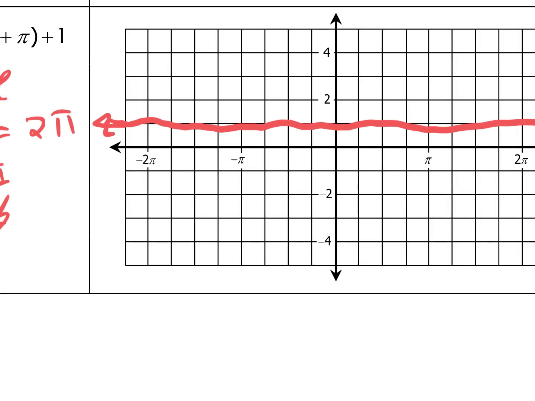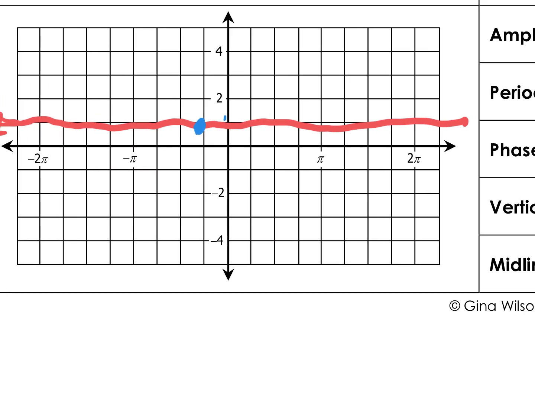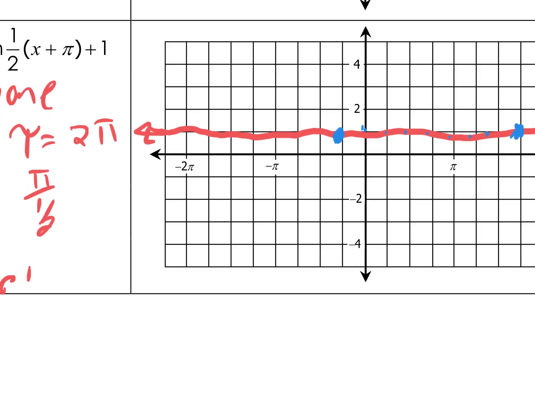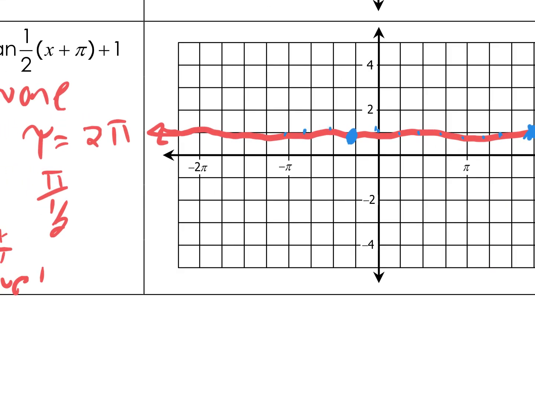So I go left pi over 4. That's where it starts. What's the period? It's 2 pi. How many tick marks is a pi? 4. How many is 2 pi? 8. 1, 2, 3, 4, 5, 6, 7, 8.